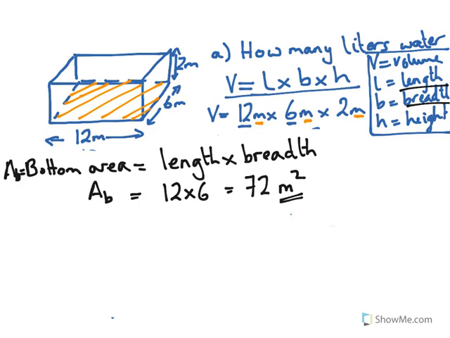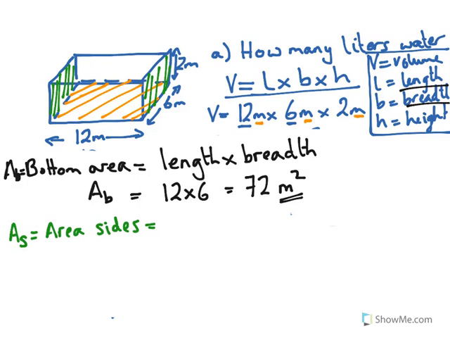Then we have two sides. We have a side here, short side, and a side here. So we have two short sides. So let's work out the area of the sides, and we'll call that AS.